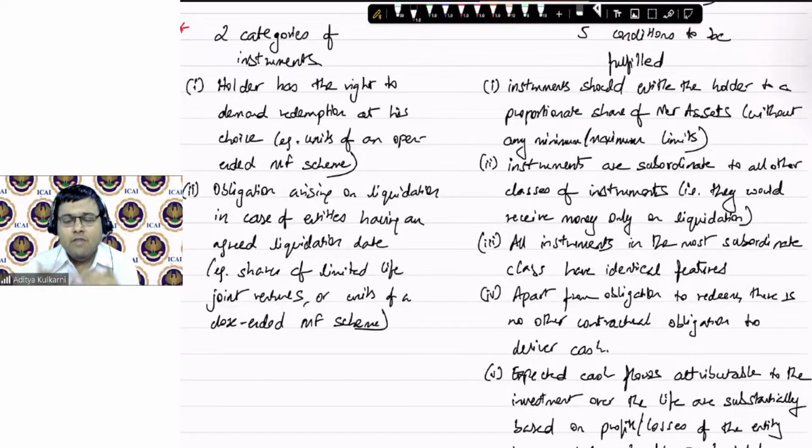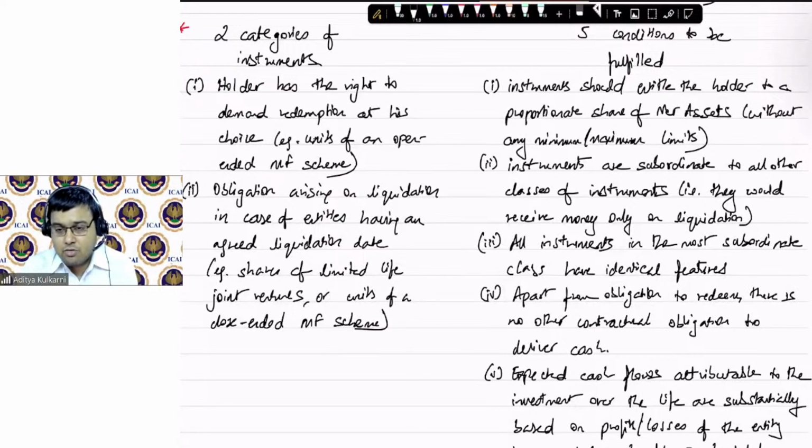In the time of liquidation, suppose, you will first pay off secured creditors, then preferential creditors, then unsecured creditors, then all that order of payments which you studied in the liquidation chapter will continue. And last, whatever is left, the residual interest, that is what these people are entitled to.